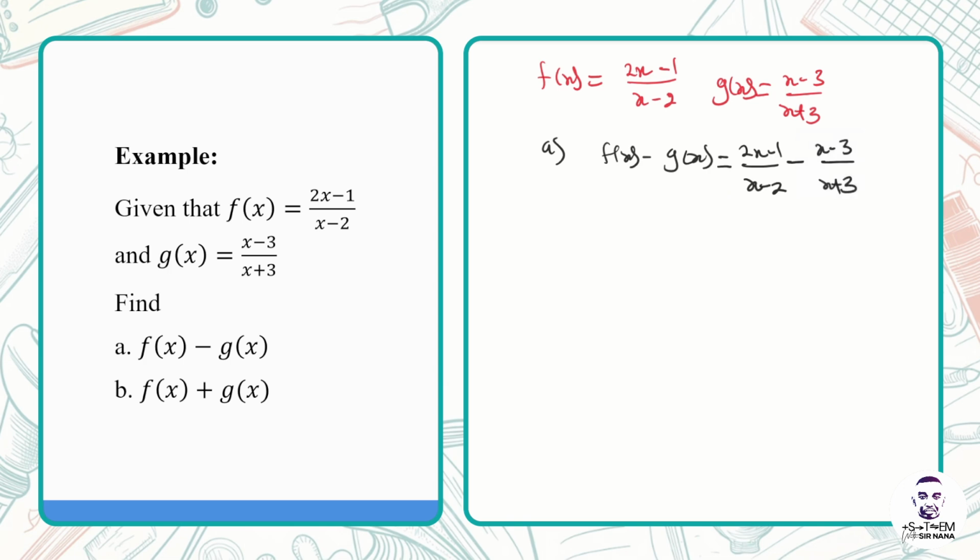We go through this process the same way we go through addition and subtraction of fractions. When we are adding and subtracting fractions, the first thing we do is to find the LCM. Realize that the LCM of the denominators x minus 2 and x plus 3 will be x minus 2 and x plus 3.